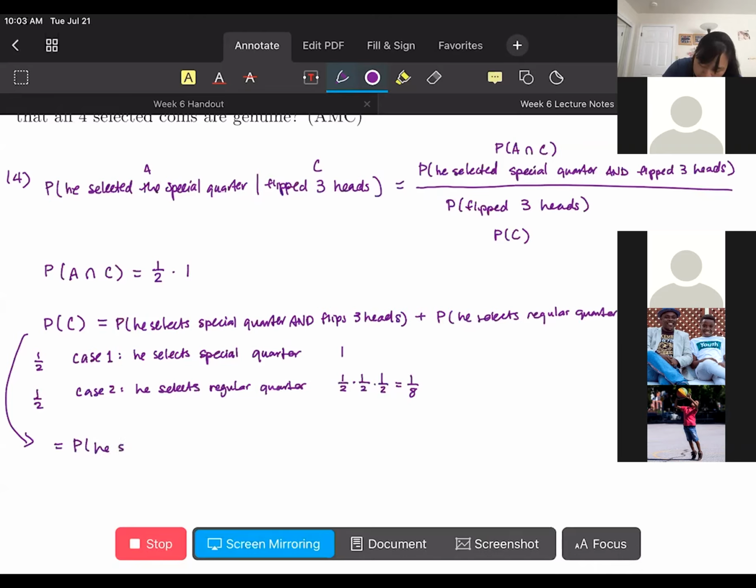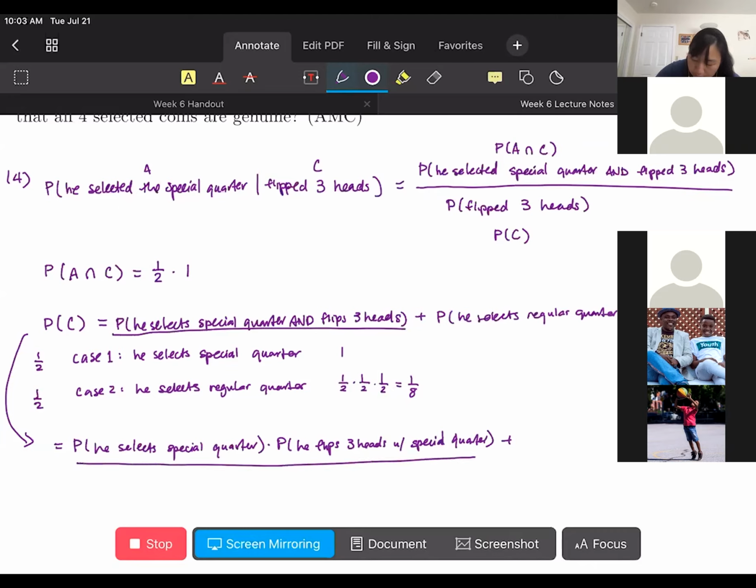Probability he selects the special quarter times the probability he flips 3 heads with the special quarter, plus, I'm just rewriting this quantity here, the probability he selects the regular quarter times the probability he flips 3 heads with the regular quarter.